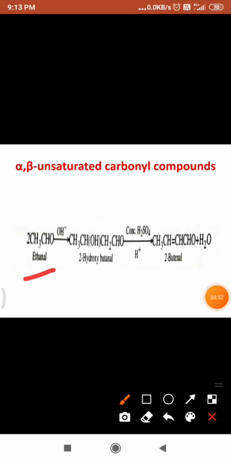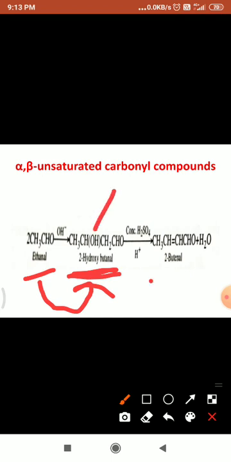For example, see here, this is the reaction. Acetaldehyde undergoes aldol condensation to form an aldol product, that is, a beta hydroxy carbonyl compound. This is a beta hydroxyaldehyde, for example 3-hydroxybutanal, which with the loss of a water molecule forms an alpha beta unsaturated carbonyl compound.